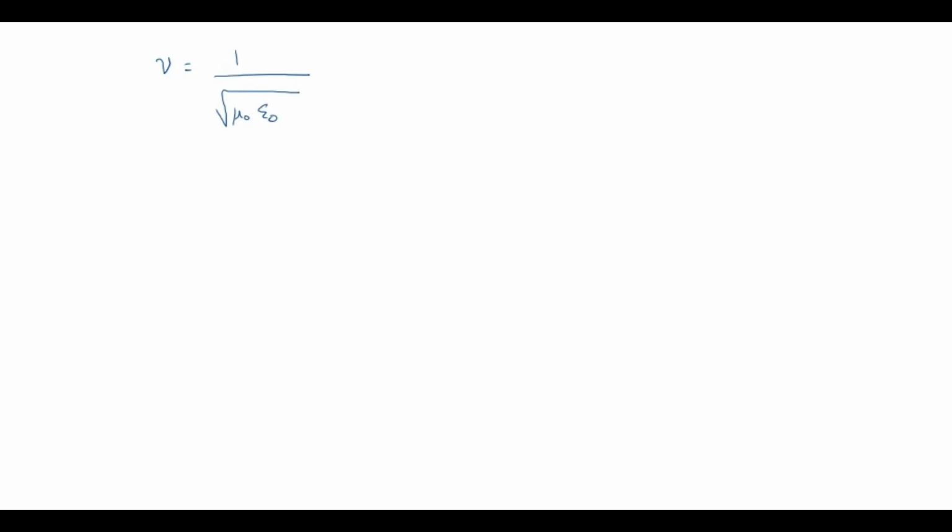Now, to find the value, let us multiply and divide by 4 pi. So 4 pi epsilon 0 into mu naught by 4 pi. I multiply by 4 pi and divide by 4 pi.